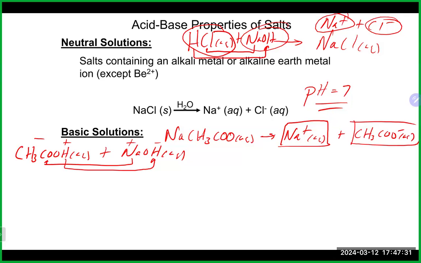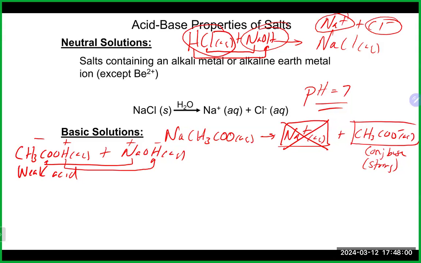We already know from above that sodium is not going to do much in terms of hydrolysis because it is a neutral salt. It comes from a strong base. But when we think about acetate here, acetic acid is a weak acid, right? Which means this is the conjugate base, and it is going to be relatively strong. Again, that opposite relationship.